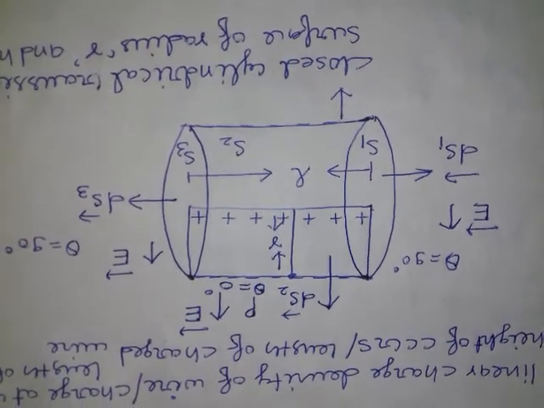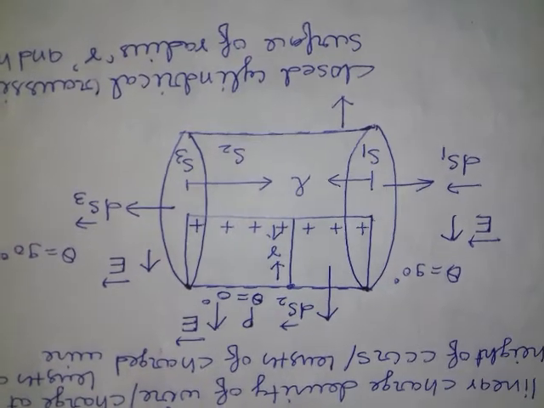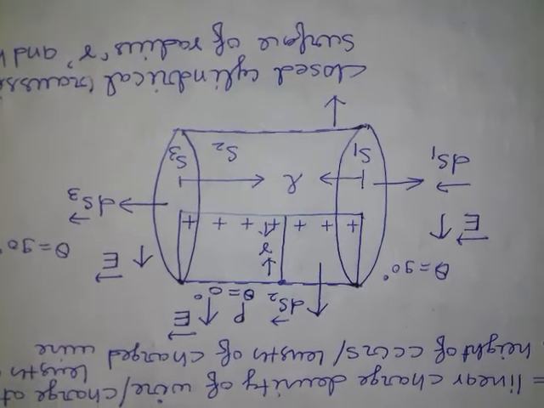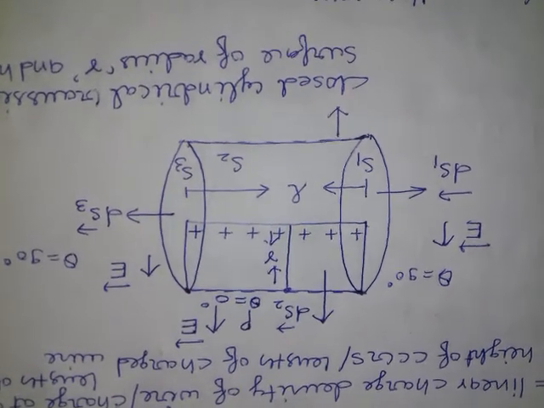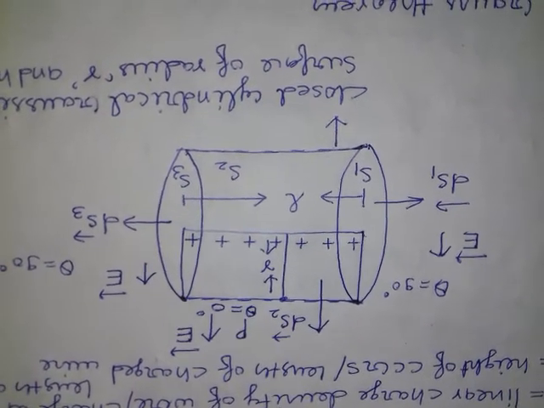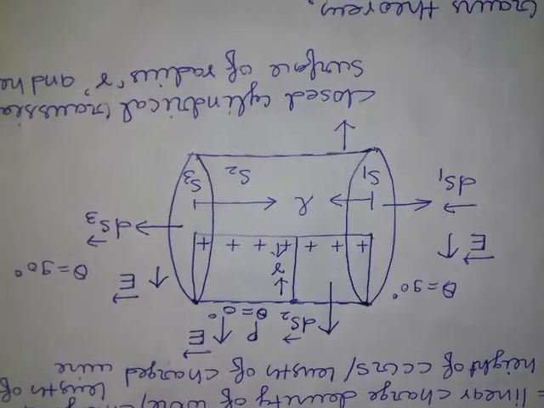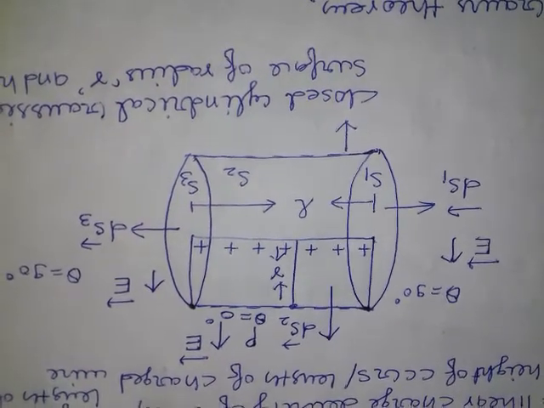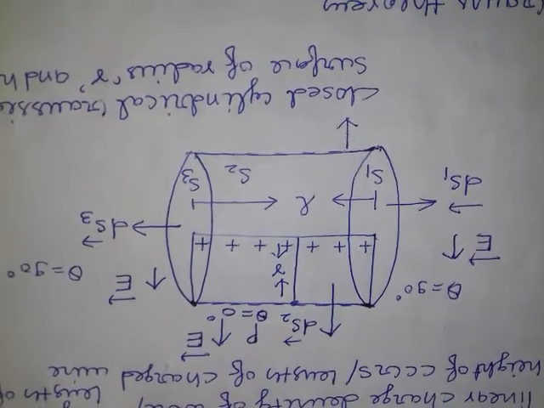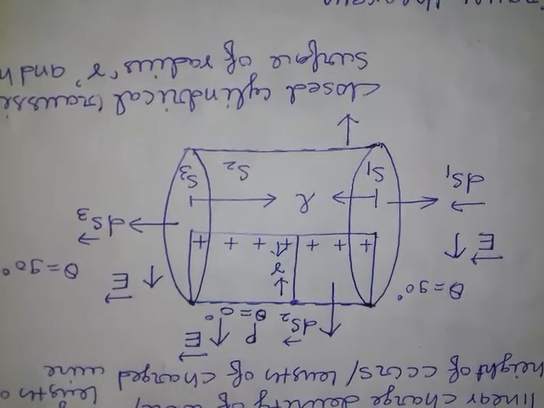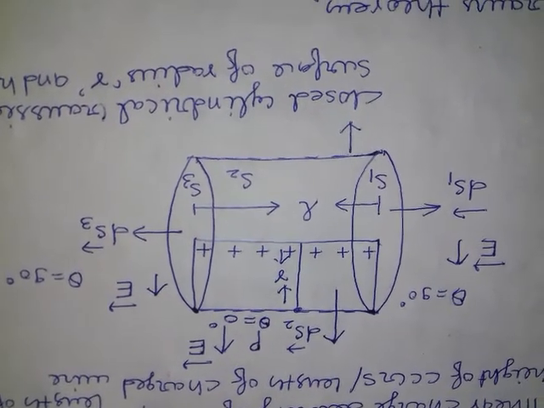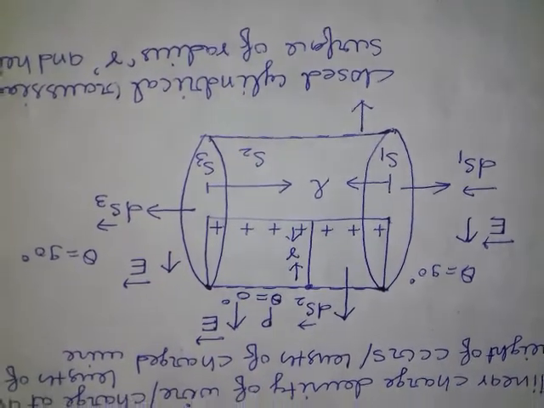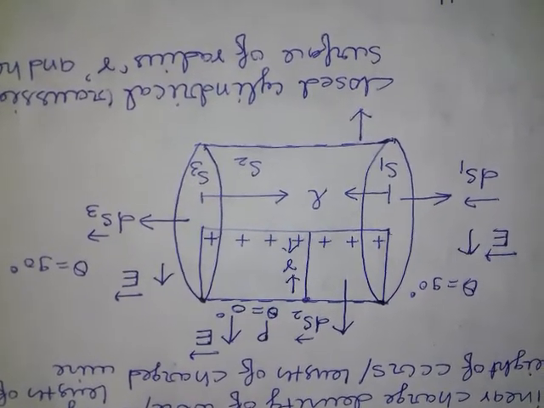For this purpose, you enclose the charged wire with the help of a closed Gaussian surface passing through the point of observation P. Here the distribution of charge is linear, so my closed Gaussian surface would be cylindrical, of radius equal to the separation R between the wire and the point of observation, and height equal to the length of the wire, having the charged wire at the axis of the closed cylindrical Gaussian surface.